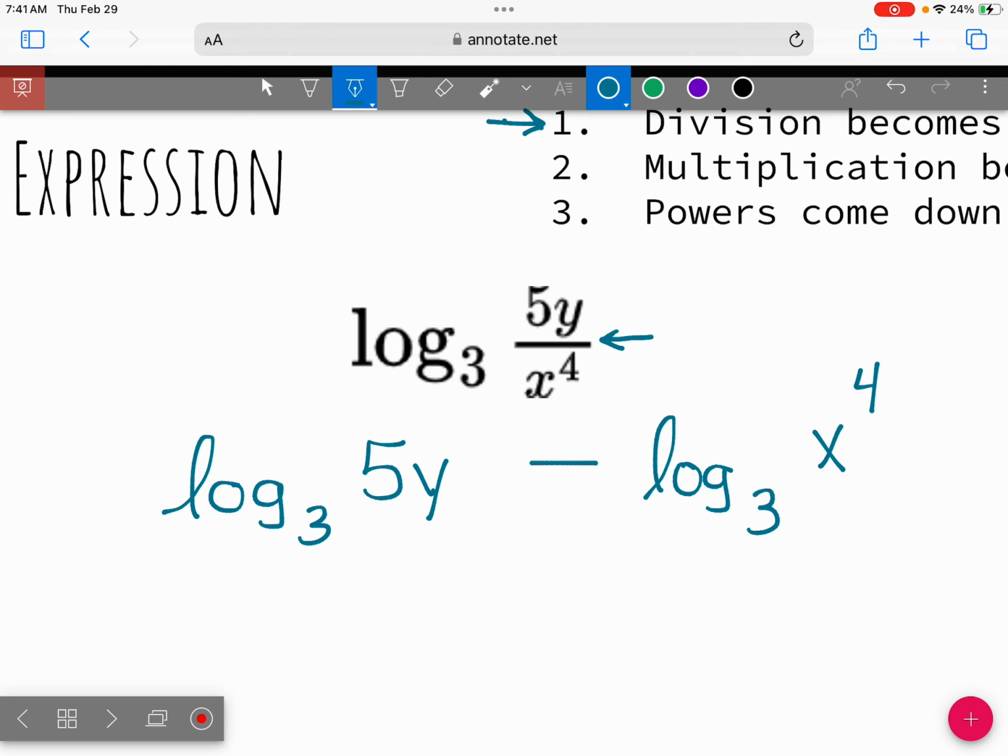So step one is that division becomes subtraction. So we took our division and made it subtraction.